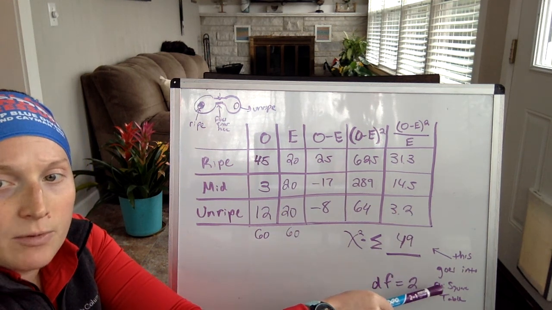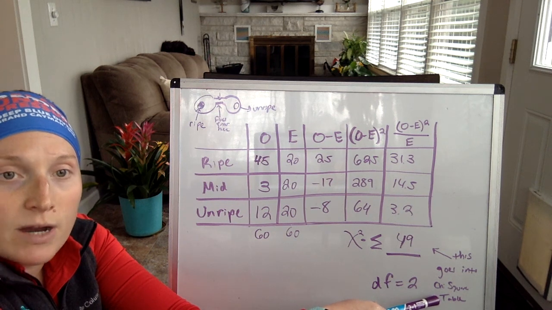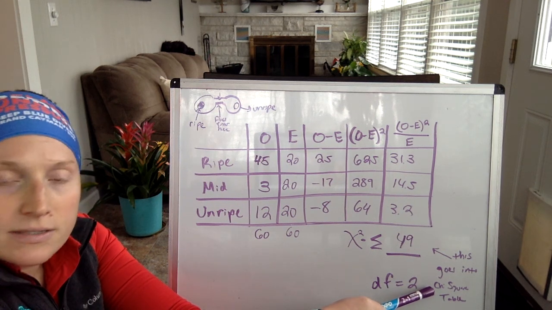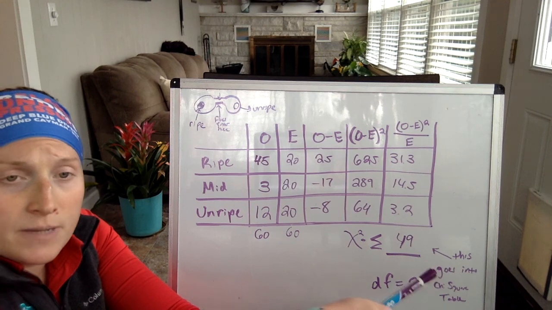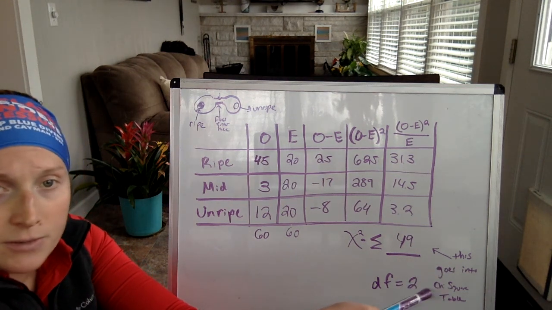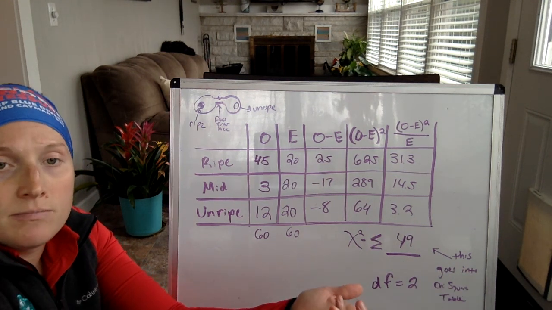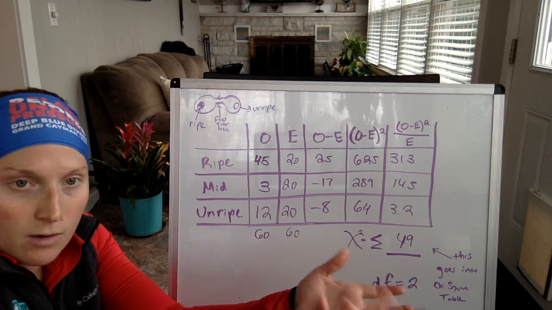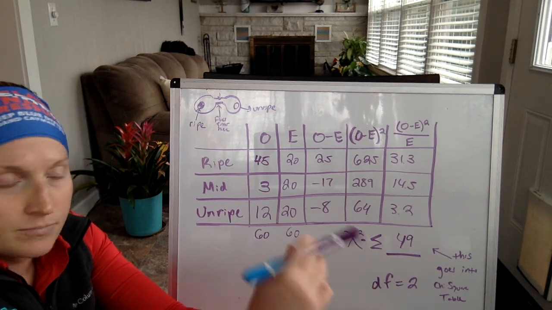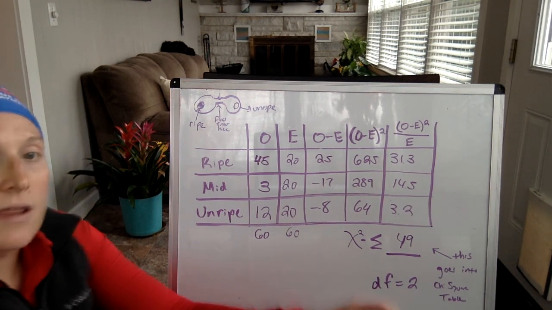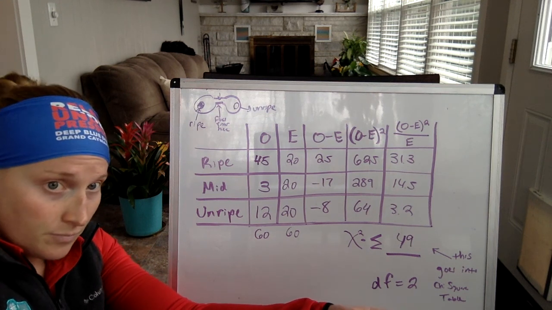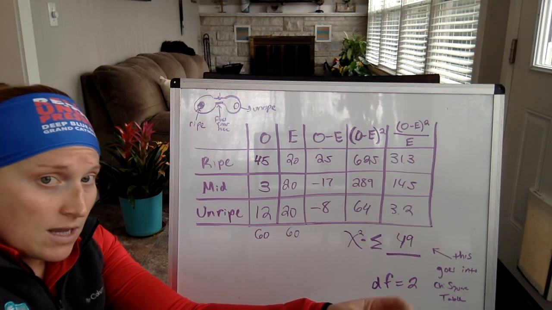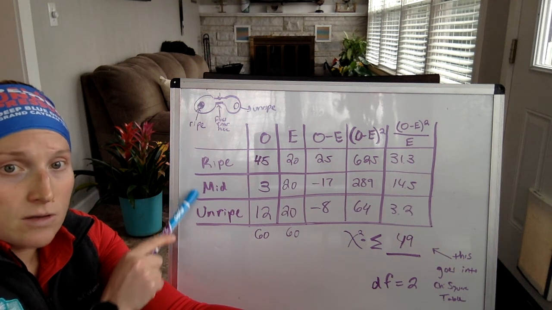So now you need your chi-square distribution chart. I'm going to attach one to this post, but you can Google chi-square distribution. It's always the same because the chart is the same no matter what, so if you Google one, they'll all be right. The degrees of freedom is based on the number of categories, as always.